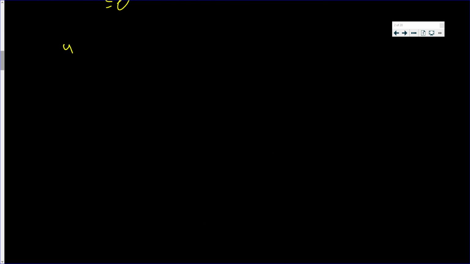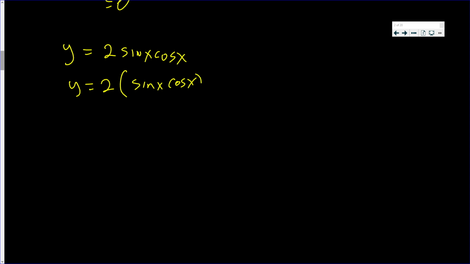Now, this is a pretty classic problem. I like this one. If you have this, you have 2 ways to go. One is to use the product rule. Let us just factor out the 2. So the derivative of y will be the derivative of this times 2. So there's my 2. And in there, I have a product: sine x times cosine x.